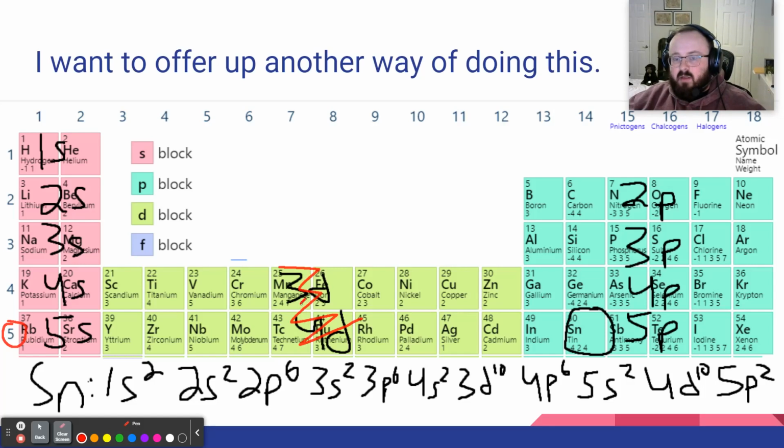We'll talk about the d block a little bit, but not too much, because they don't really follow these rules. We're going to be talking about the s and the p blocks mostly. So period 5, we're talking just the 5s and the 5p. For period 4, we're talking 4s and 4p. Those are going to be our valence electrons, if the element is in that period.